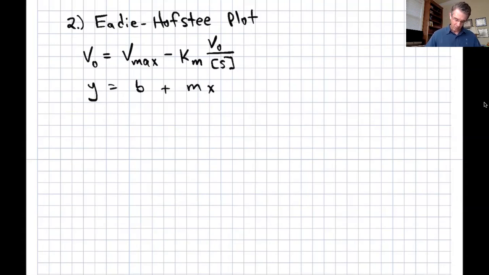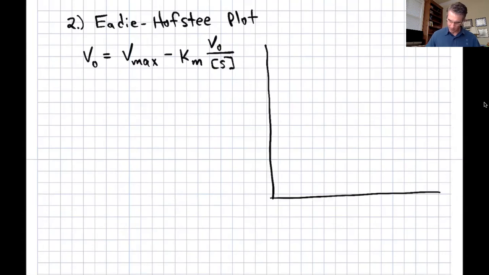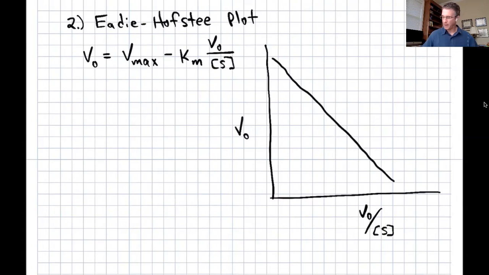All right. So the good thing about the Eadie-Hofstee plot is when you plot the data out, now you're plotting initial rate over initial rate divided by the substrate concentration. You end up with a line of negative slope. It's linear again, but in this case, your data points are not overweighted.